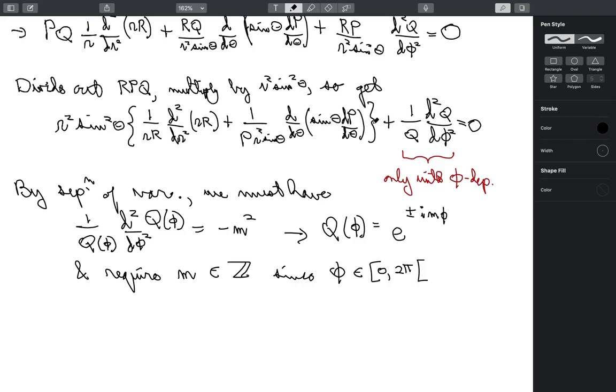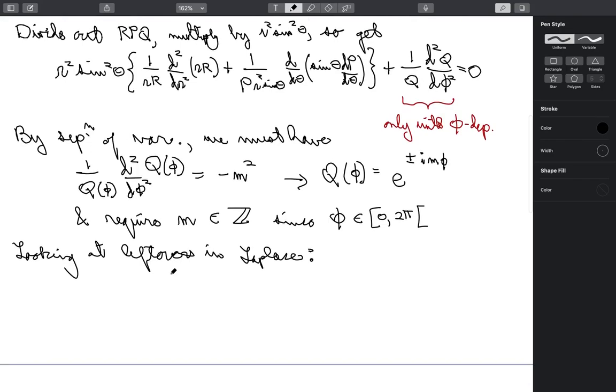Let me put the condition that this is equal to plus m squared into another equation. Looking at the leftovers in Laplace, it just means this equation here.